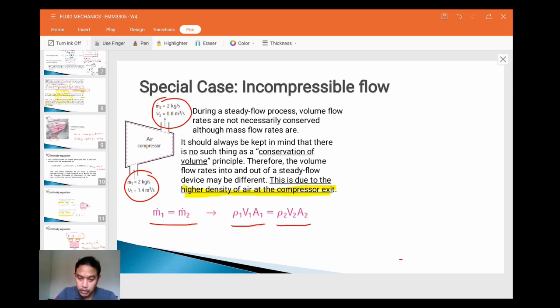Okay, so how to prove it? We know that the density change is, for example, in the inlet.